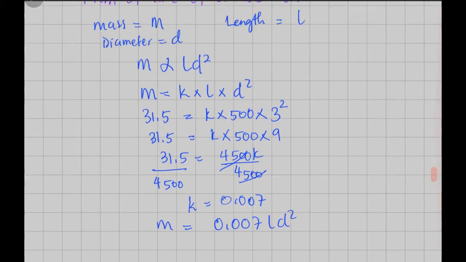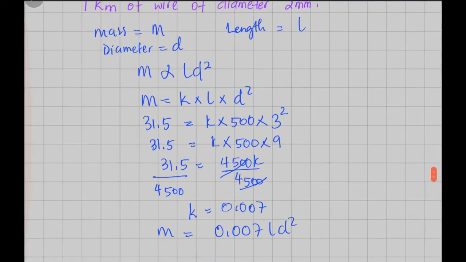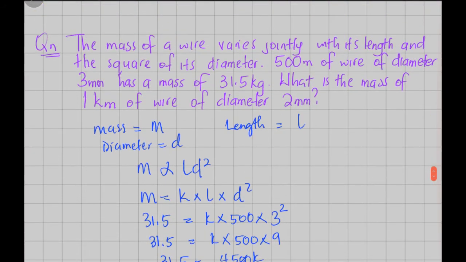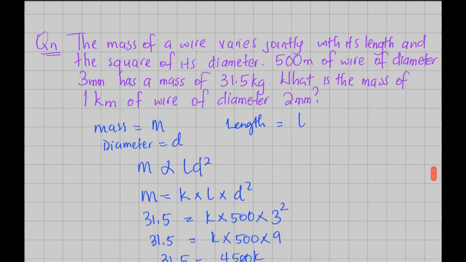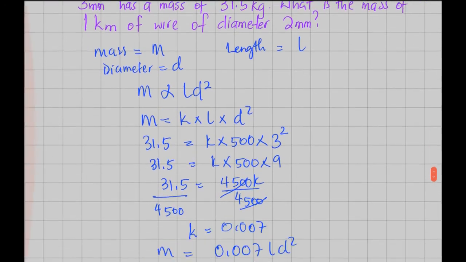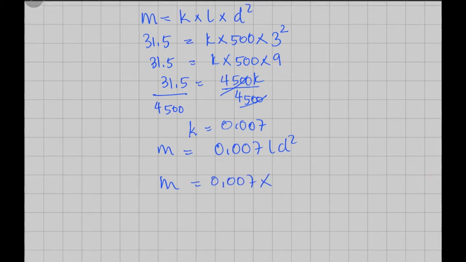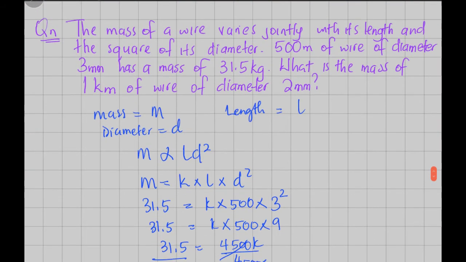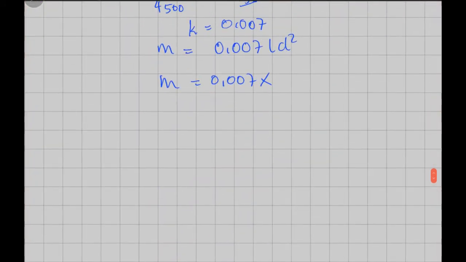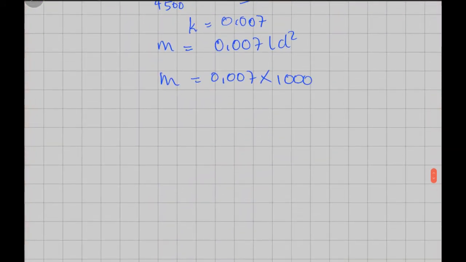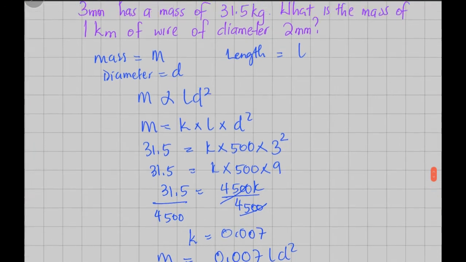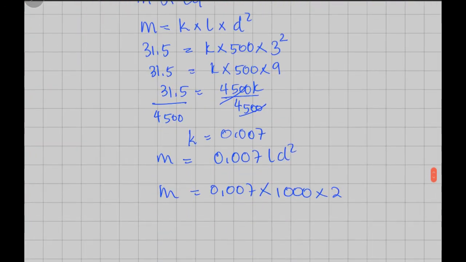We are told, what is the mass of a 1 kilometer wire of diameter 2 millimeters? So our mass is equal to 0.007 times length, 1 kilometer, which is 1000 meters, times our diameter, 2 millimeters, so 2 squared.